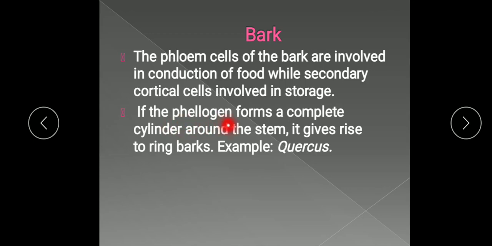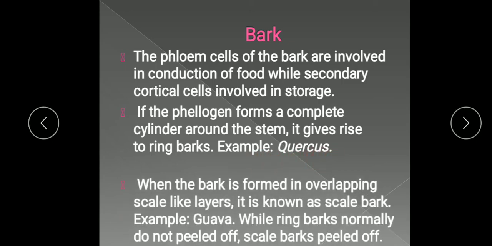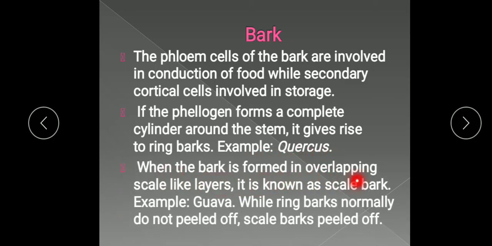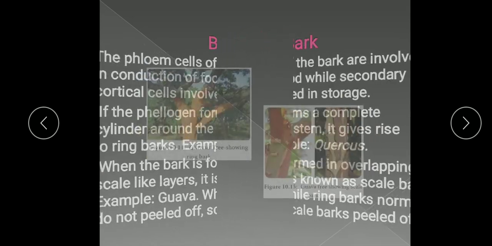If the bark forms a complete cylinder around the stem, it gives rise to ring bark. Example is Quercus. When the bark is formed in overlapping scale-like layers, it is known as scale bark. Example guava. While ring barks normally do not peel off, scale barks are peeled off.